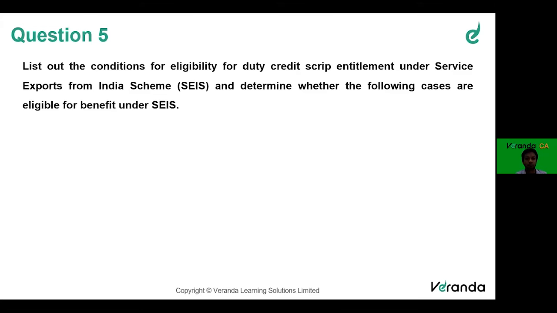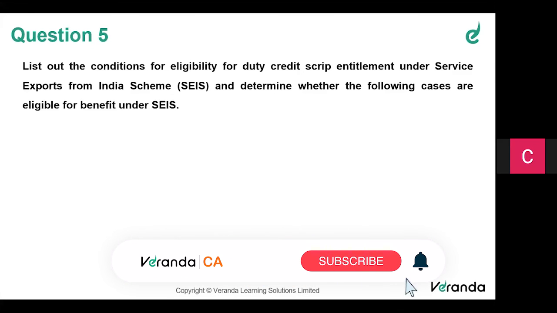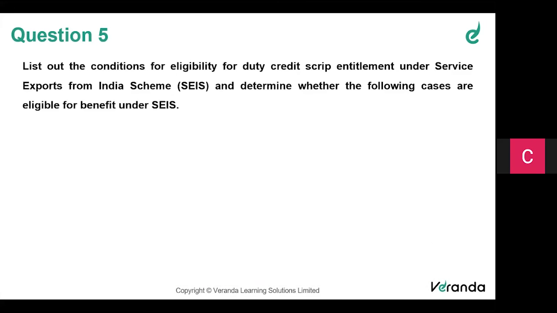Now, can anyone tell me what this SEIS scheme is? It's basically for the service sector. If any company or individual, or some AOP, there are two categories, is exporting any service and the net revenue is more than 10,000 or 15,000, then they are eligible for this benefit and will claim it.